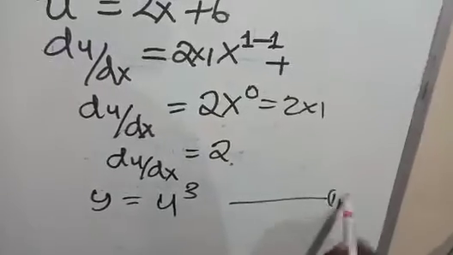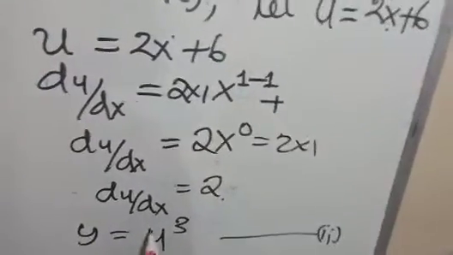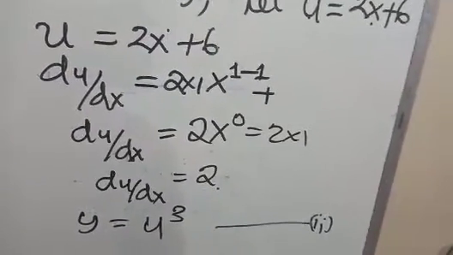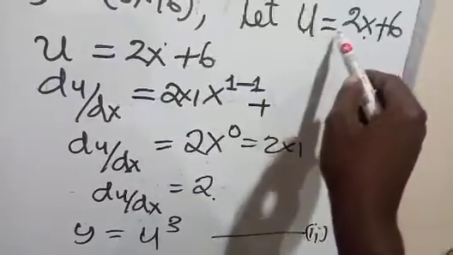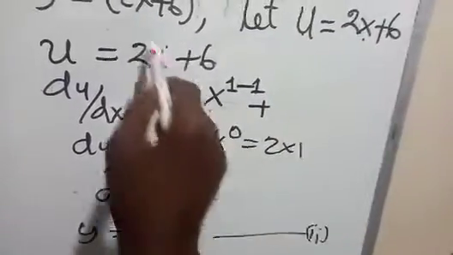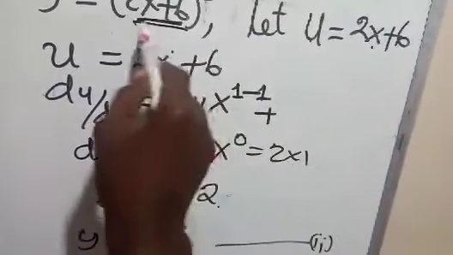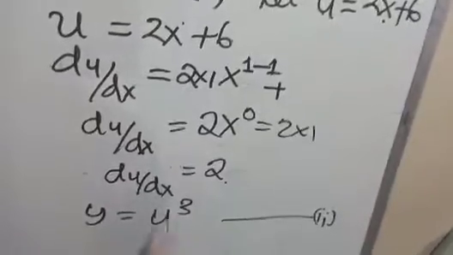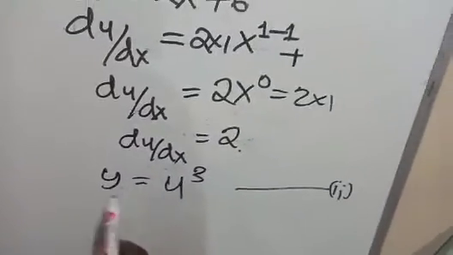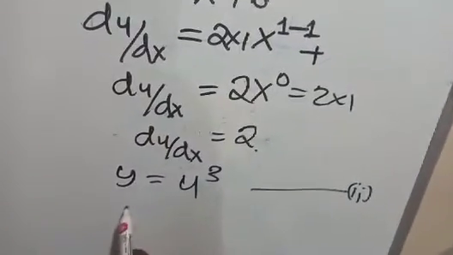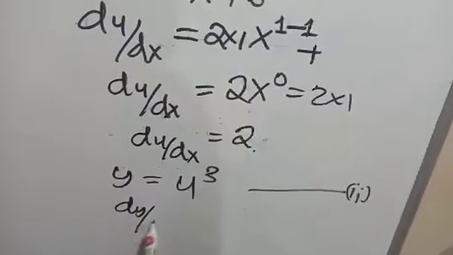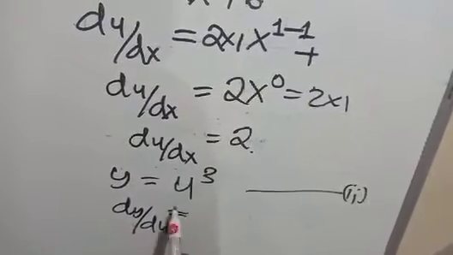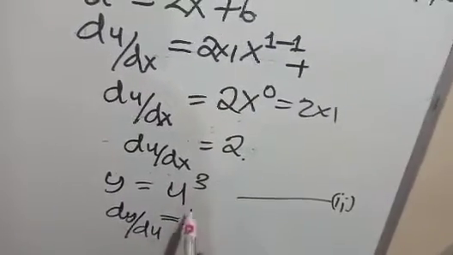The first one was u is equal to 2x + 6, because we let the value which was inside the brackets be u. So here we have to find the derivative of y with respect to u. So this one will be dy/du by using the general formula of differentiation.